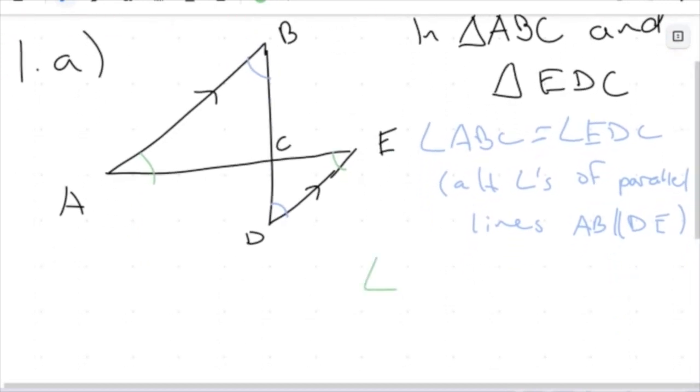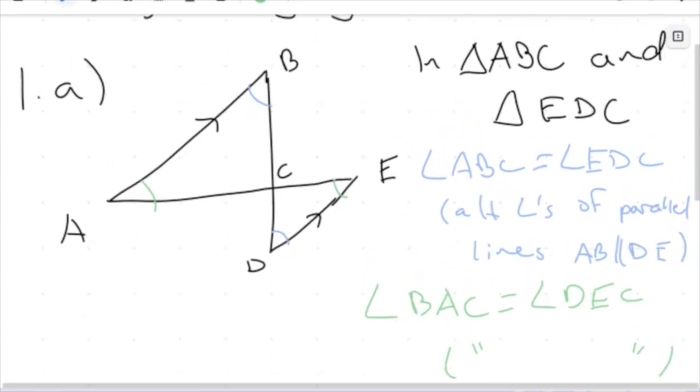I can say that they're equal for the same reason. So angle BAC is equal to DEC, and that's for the same reason. So I'm putting these little quotation marks here.